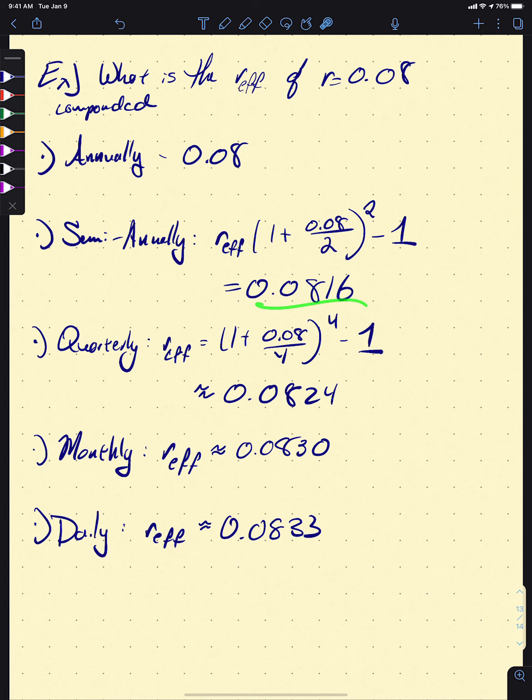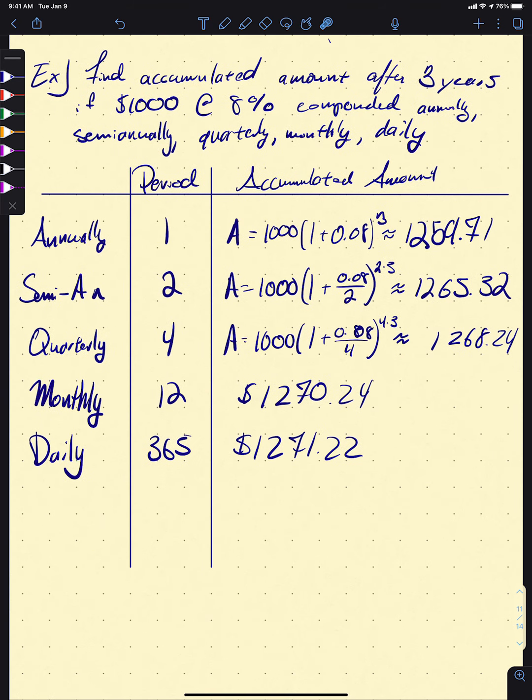As we compound more and more often, our value goes up, and it seems to slow a little bit, though, right? The jump from annually to semi-annually is right about $5, and the jump from monthly to daily is $1, right? Going from 1 to 2 versus going 12 to 300.